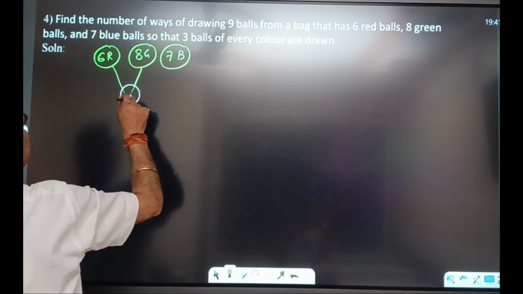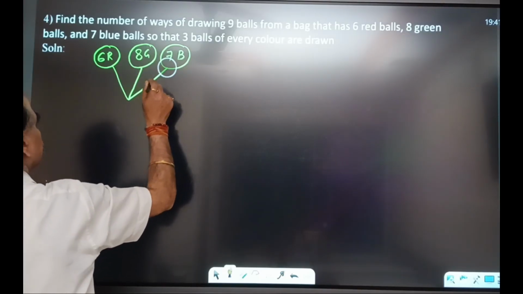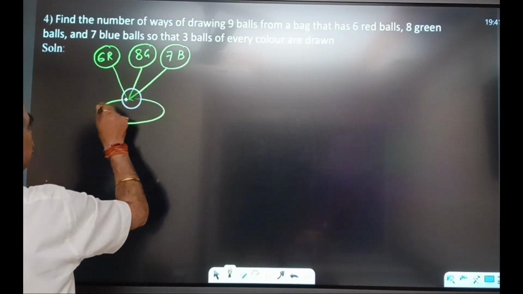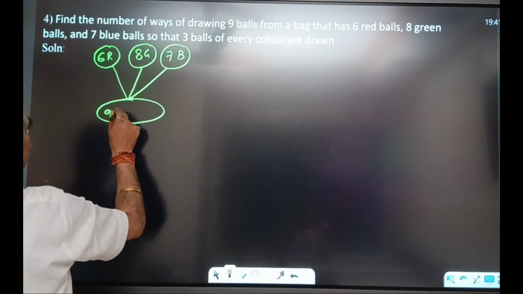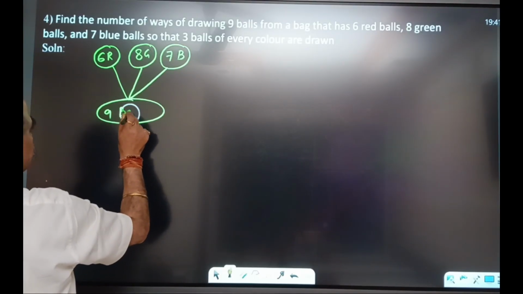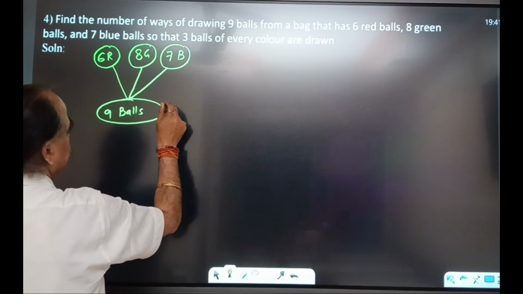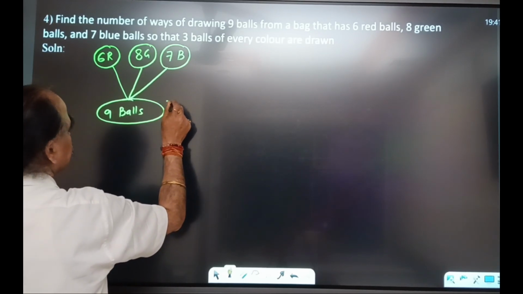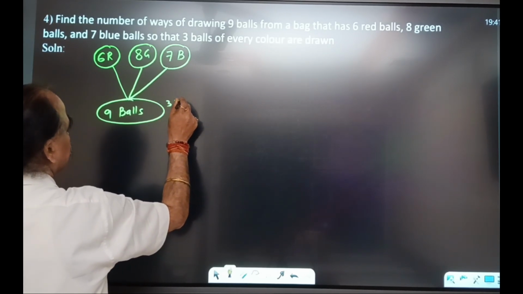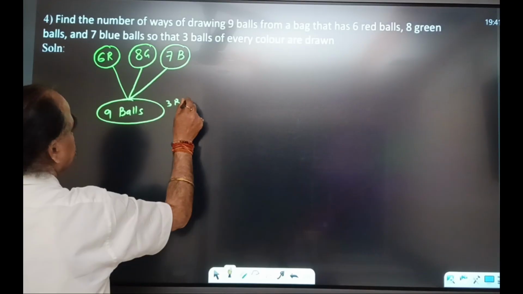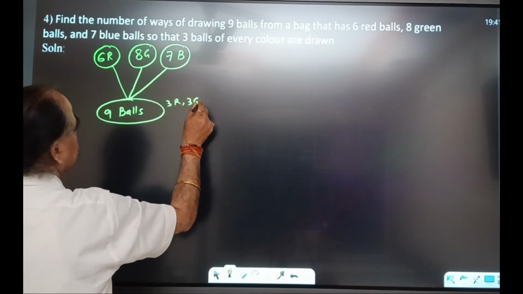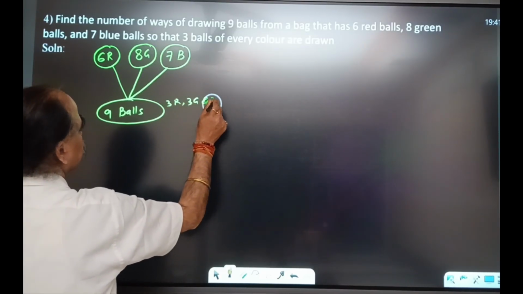We are drawing 9 balls and 3 balls of every color: 3 red, 3 green and 3 blue.